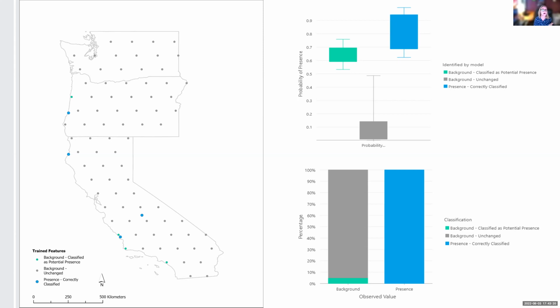Especially there was a point that was a little bit outside, further inland, near Fresno, in an area where you wouldn't have really thought to find it. All the other models missed that point, but this one correctly classified it. So I was impressed by that. On the next slide, I have it highlighted there in red.